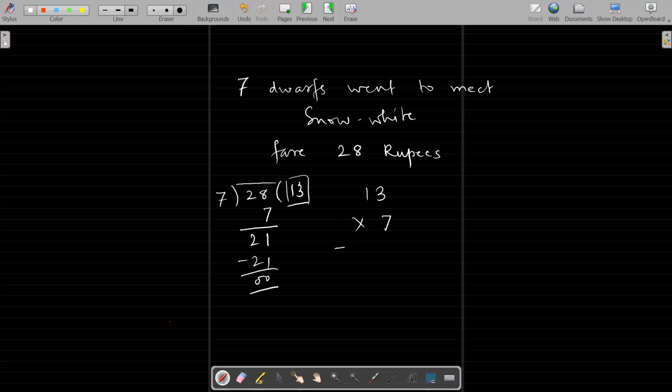And he multiplied it this way. 7 3s are 21. 7 1s are 7. And 21 plus 7, 28. So he said it's fine. But again, a third dwarf doubted this multiplication process also. Is this correct? 13 times 7.